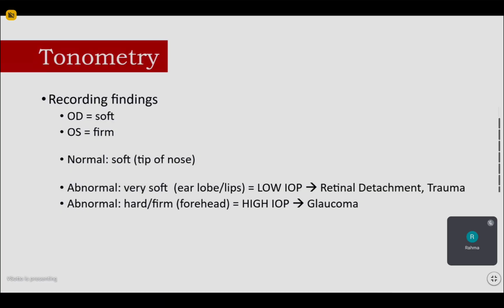If the eye is suspected to be ruptured or open, you have to omit performing tonometry, since you could be exacerbating the trauma, or worse, you can cause the expulsion of the intraocular contents.